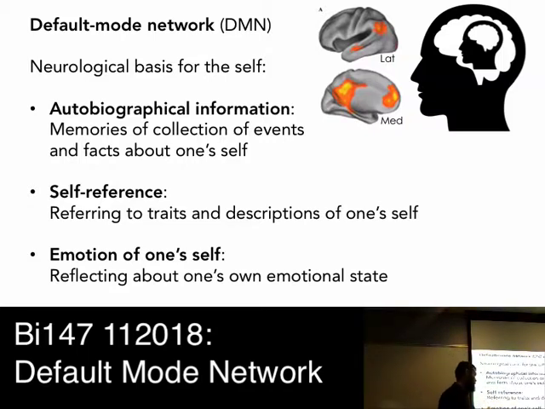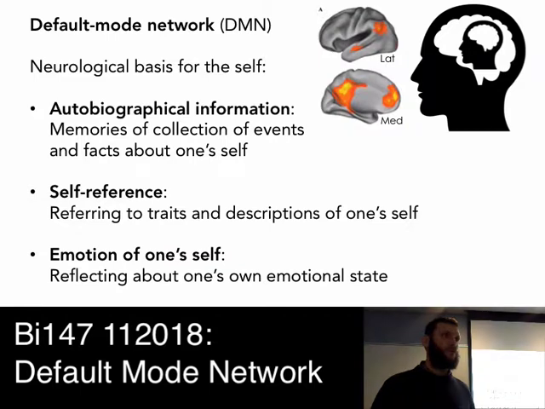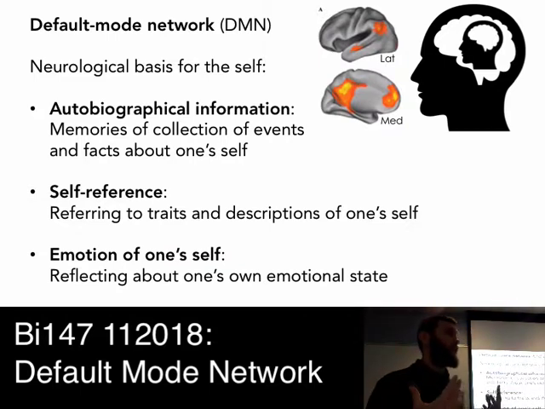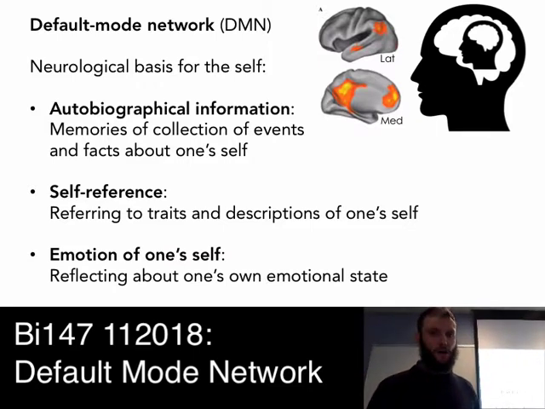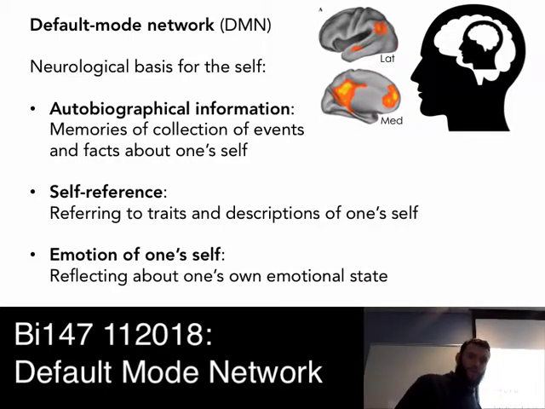And then emotions of yourself. So reflecting on yourself as a pessimist or an optimist or what have you, or I'm happy right now, or how do I feel, thinking about how I feel. So that is part of the default mode network. These are the brain regions that get fired up for this sort of thing. And you can see on the little brain histograms there the specific regions that fire during that, taken from a paper that I'll show you in a bit.